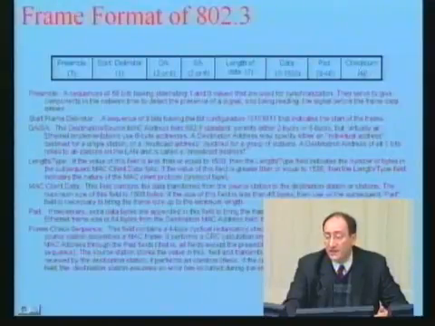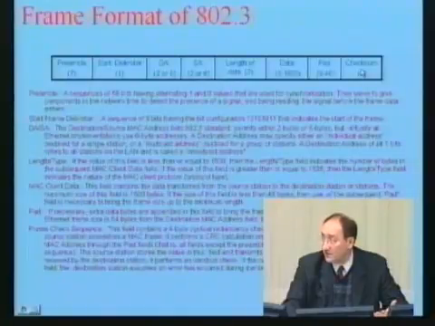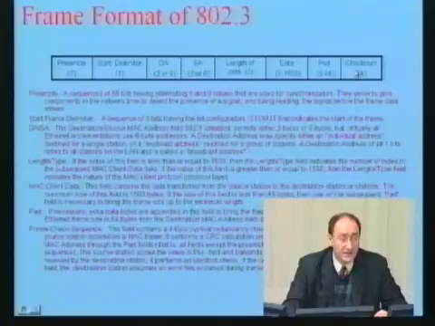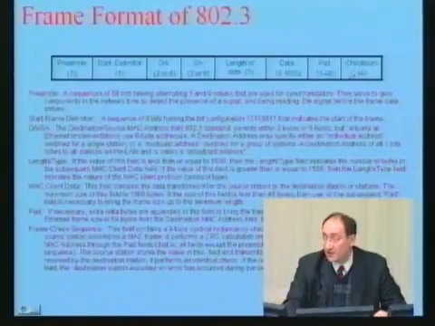This checksum at the end is common with all the packets in the IEEE standards. The checksum uses a CRC code, cyclic redundancy code, which is a 32-bit cyclic redundancy code.